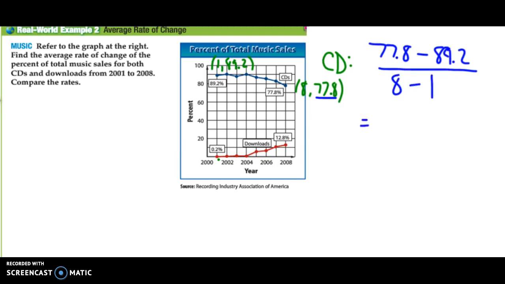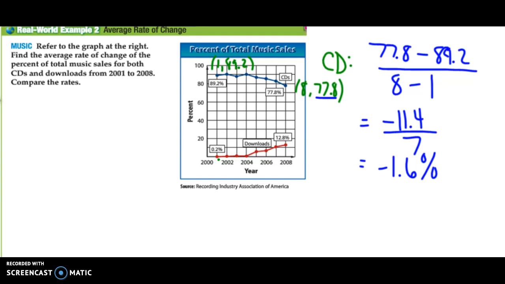So I go to my calculator, and I'd say negative 11.4% over 7 years, which if we divide that out, is essentially a decrease of 1.6% every year.